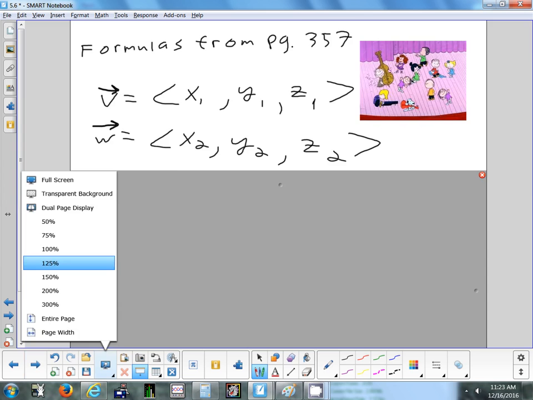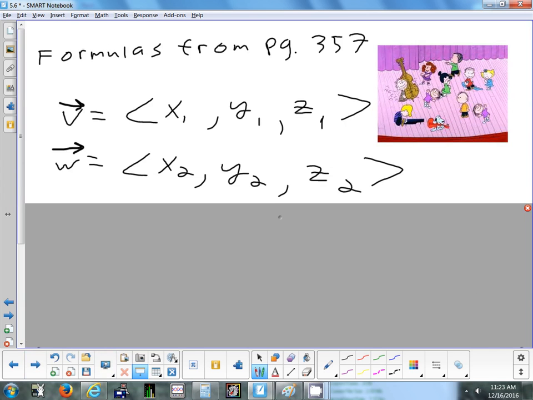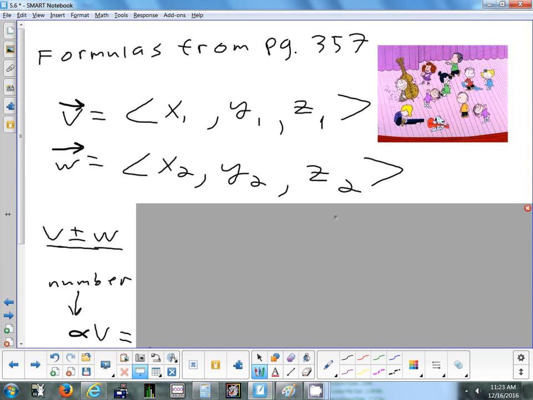All right. So now we're going to take a look at the same formulas as we did in 2D: adding, subtracting, scaling, and finding the magnitude of a vector. I'm going to extend every formula to 3D. When we did it in 2D, if you wanted to add vectors together, you added the x components and you added the y components.